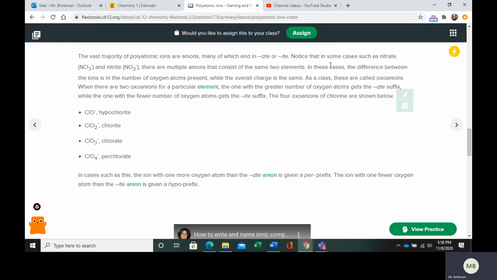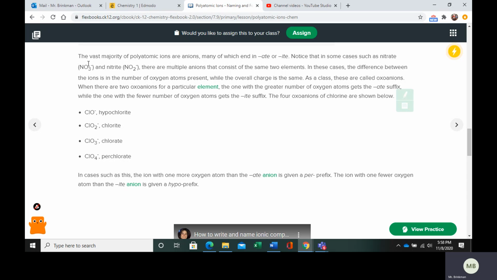Okay, so how we tell which ion we're dealing with is the number of oxygen atoms. These ones that have oxygens are called oxoanions. When there are 2 oxoanions for a particular element, so let's say nitrogen, the one with the greater number of oxygen atoms gets the suffix ate.